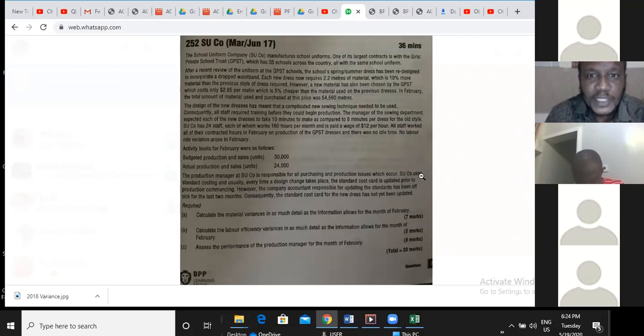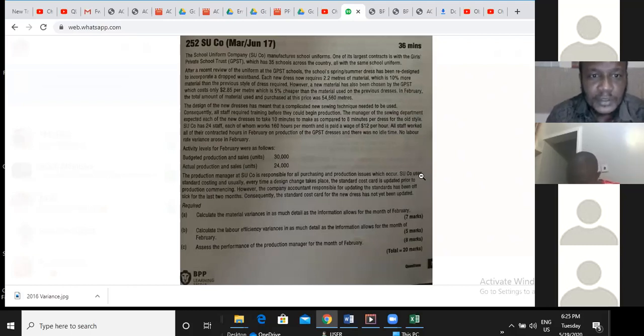Oh, 5% cheaper. Okay, so we can now get what it was before. In February, the total amount of material used and purchased at this price was 54,560 meters.